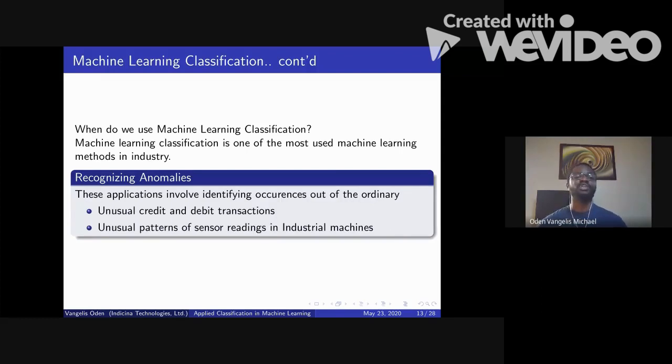Now the machine gets to learn that you are in Germany and you're trying to make that kind of transaction. So it won't flag it anymore as you keep making transactions. But if for any reason you move from Germany and you're in Australia in a couple more weeks, then they get to flag that one too, but now it won't be as severe as the previous, because the machine has now understood that you have started moving, you've started traveling, right?